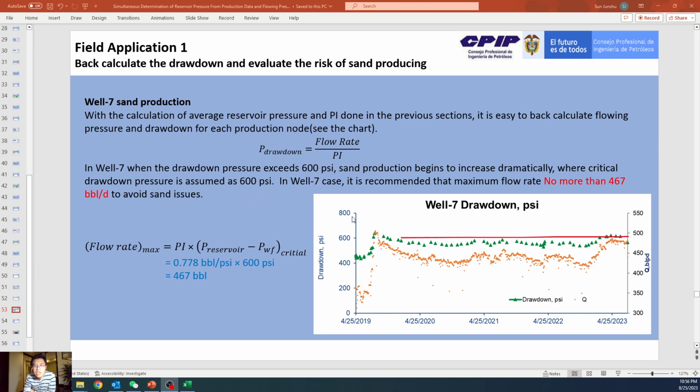In well 7 case, it is recommended that the maximum flow rate equals the representative PI times the crucial drawdown, that is 0.778 barrels per day per psi times 600 psi equals 467 barrels. This is the maximum flowing rate to avoid sand issues.